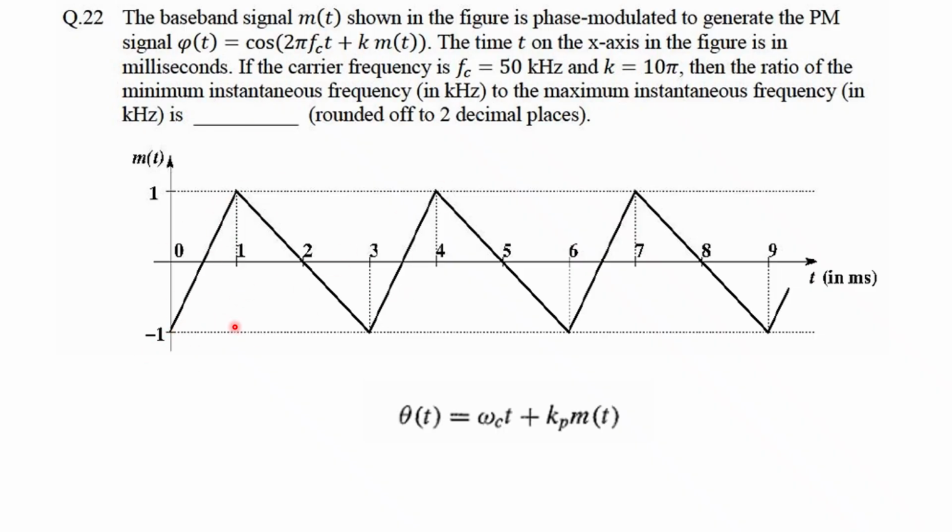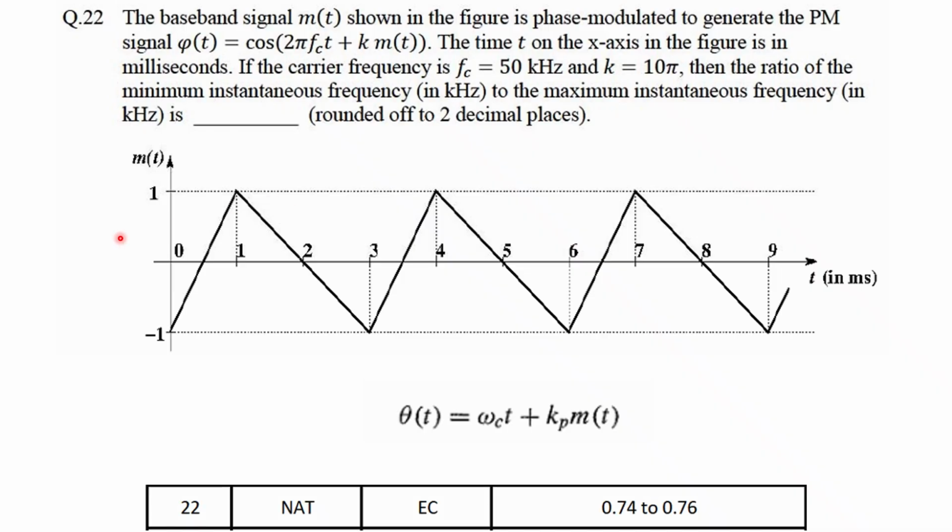You can see the maximum slope is between time 0 to 1, and the minimum is from 1 to 3. Then we can get the ratio of the instantaneous frequencies, maximum to minimum. As per the answer key, your answer should be in the range of 0.74 to 0.76.